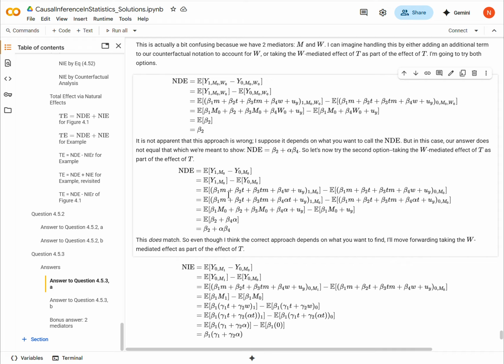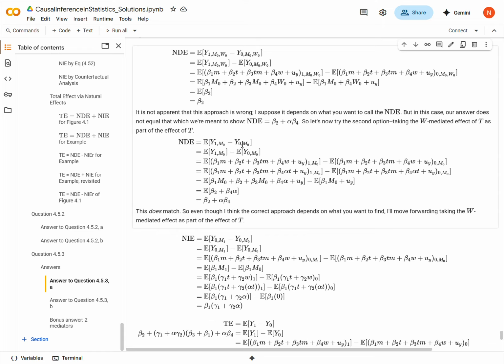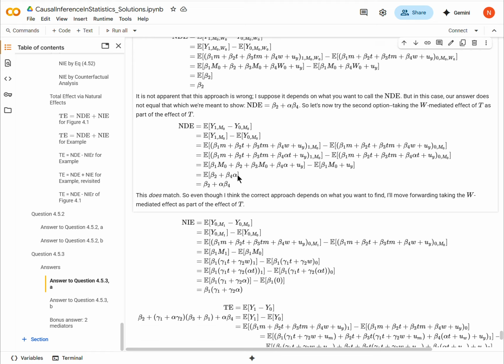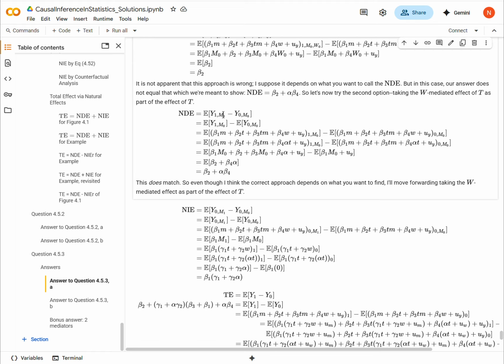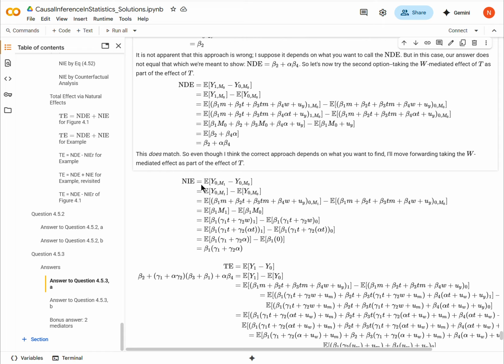the right expression. Again, I'm not going to step through all of the math here, so hopefully you can either follow how the math is working, or you've seen the previous videos in the playlist. Now that I know the question means to just use M and not W as the mediator, we get the NIE, right here.